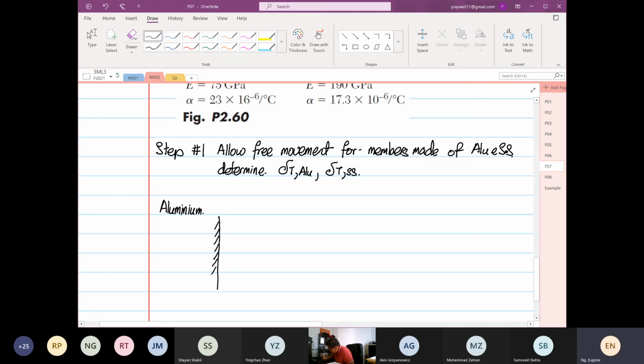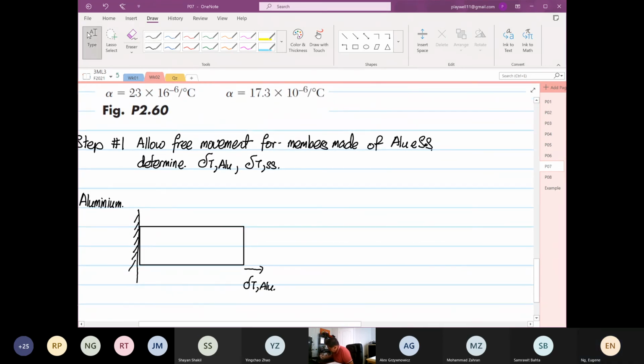For now, there is no restriction, so this thing can grow whatever it wants. We know the temperature increases. We're going to determine the delta T of the aluminum.